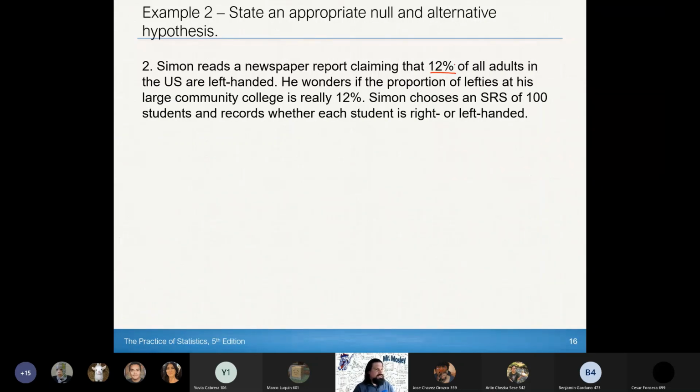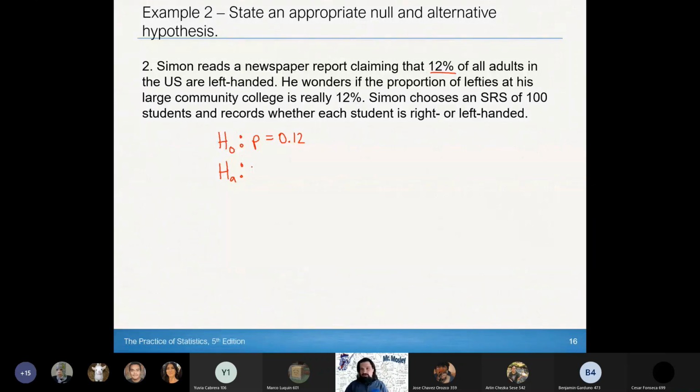Right. We have a percentage here, so now we're dealing with proportions. So our parameter will be P. Right. Our null hypothesis will be that P equals 12%. The alternative, given our context here, Simon doesn't care if it's more than 12% or less than 12% specifically.